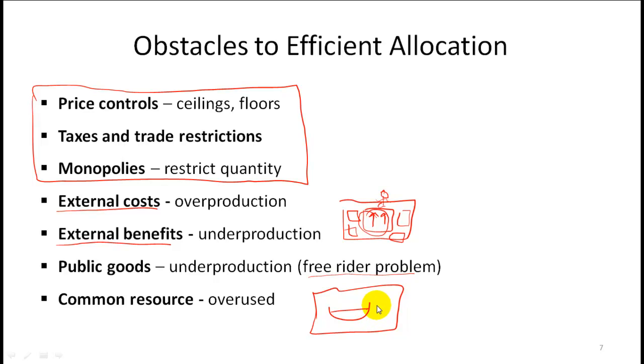So if they are not paying any costs, what is likely to happen in this fishery? What is likely to happen is overuse of this fishery and overfishing. So how do governments overcome this problem? They put restrictions and ensure that fishermen have appropriate licenses and so on, so as to avoid overuse.